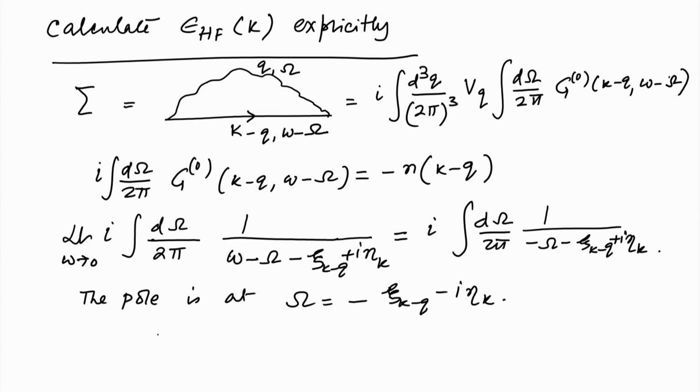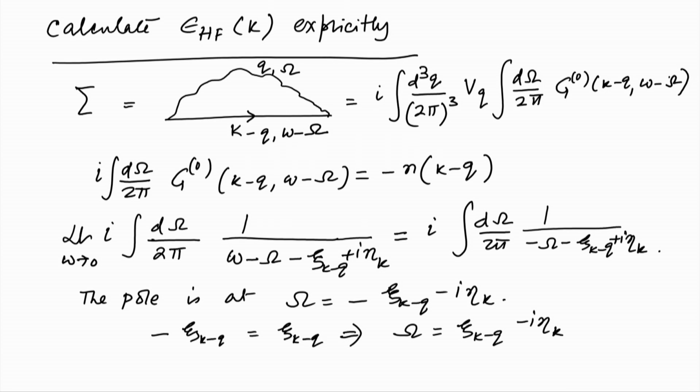Now, it is always true that corresponding to a minus energy, there is also a plus energy. So, if this is true, then we have the pole at xi k minus q minus I eta k.